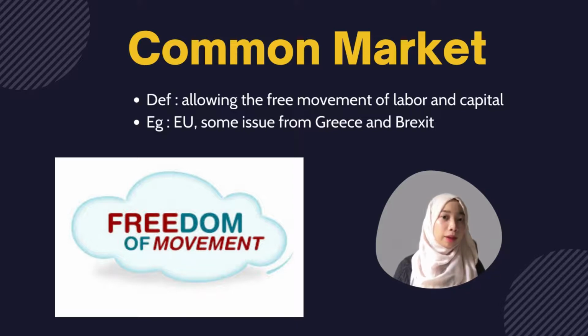And then common market. What is a common market? A common market goes beyond a customs union by also allowing free movement of labor and capital among member nations. For example, the EU achieved the status of a common market at the beginning of 1993, and also some issues from Greece and Brazil.